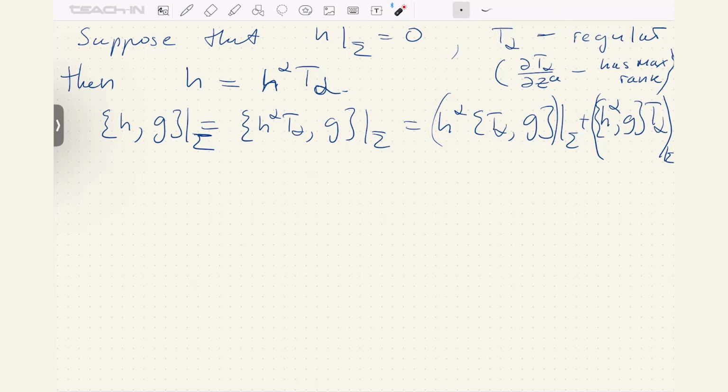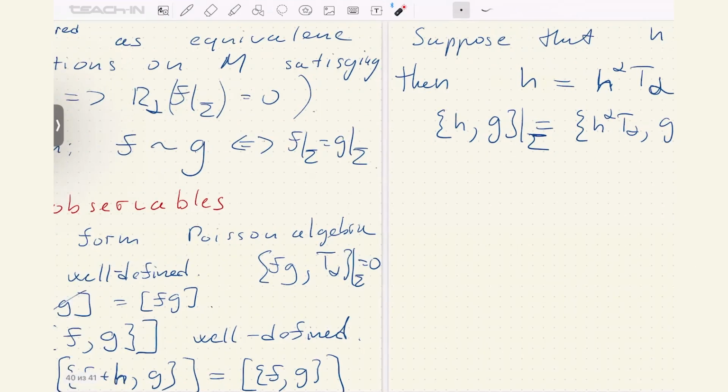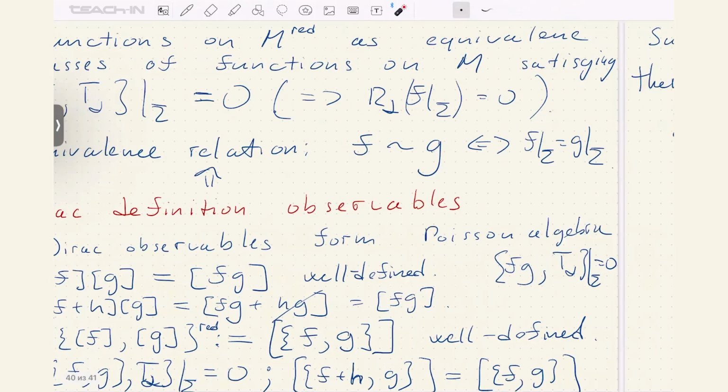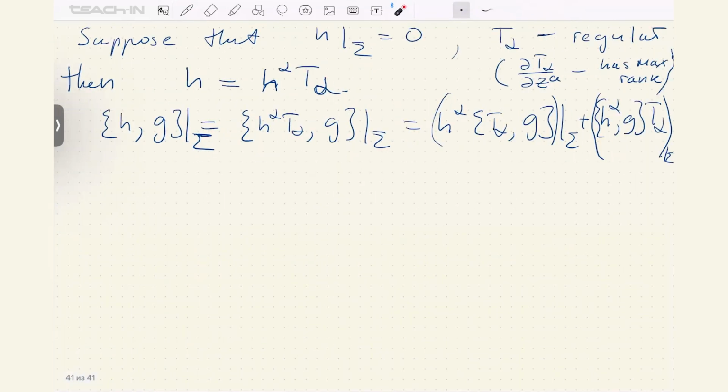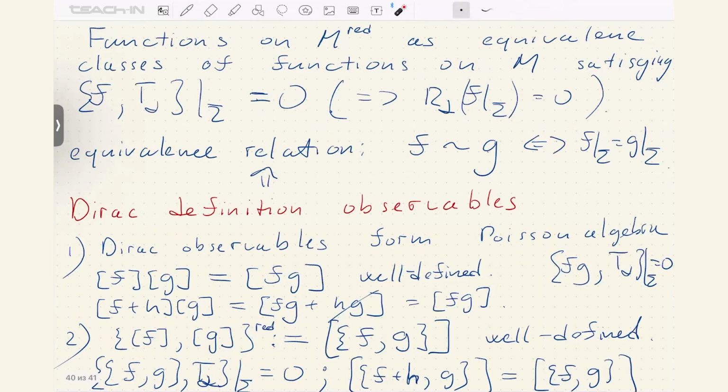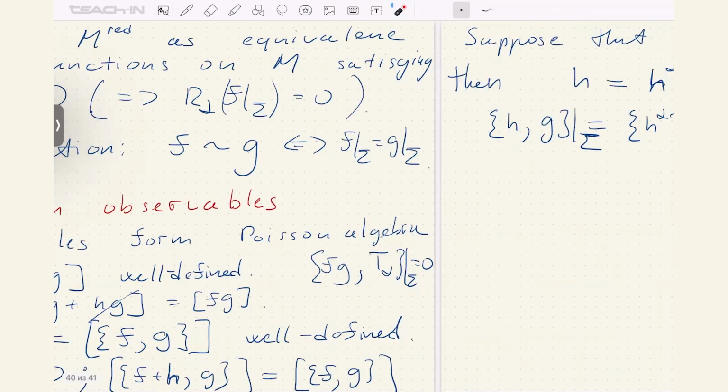Okay, so that's good. And let's check now the first one. What we need to show is that this vanishes on sigma. Indeed, let's do it.